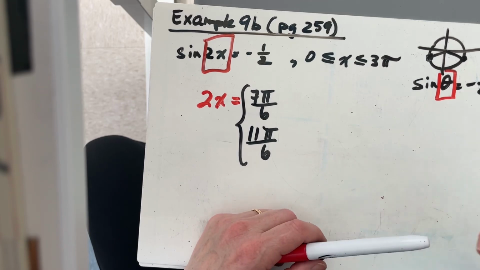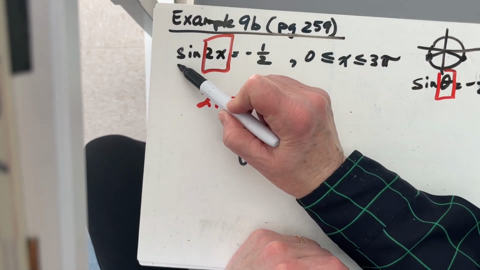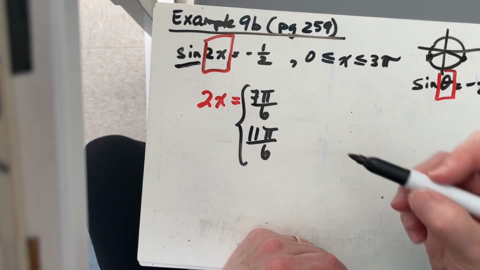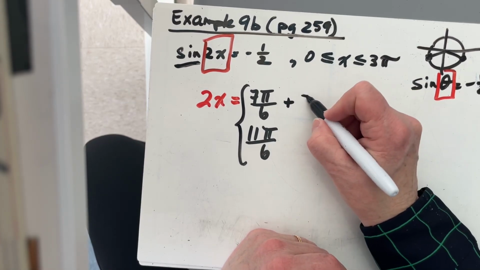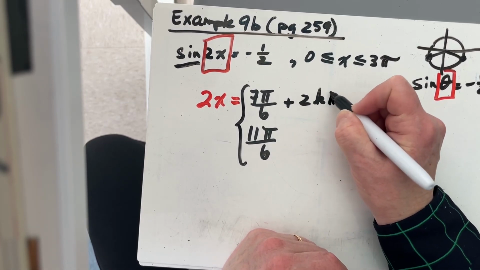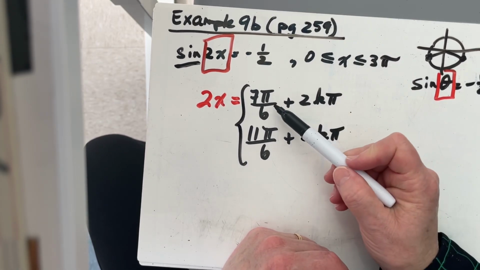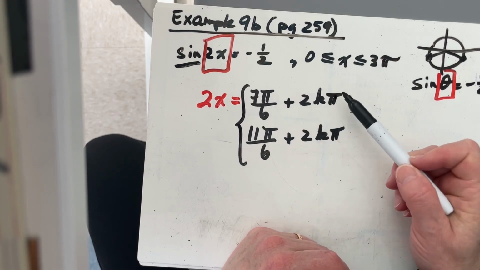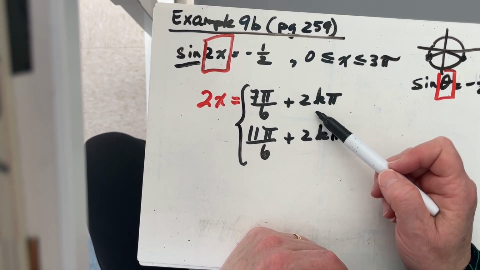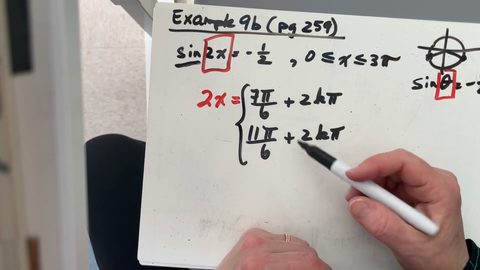So because the period of a sine function is 2 pi, we're going to say plus 2k pi here. And that means we know that not only is it this solution, but every possible 2 pi around the unit circle, forward and backwards.